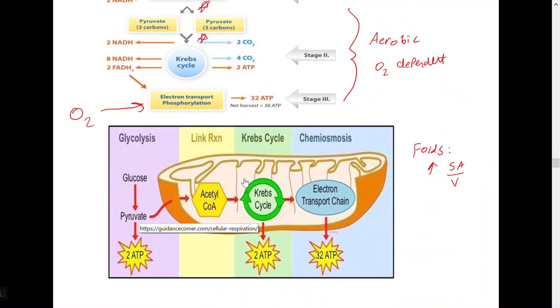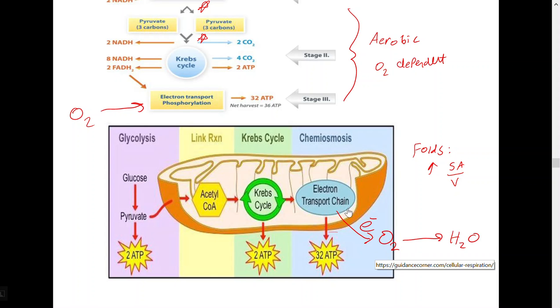The electrons start here, and then as they go into the mitochondria, they go through a whole process that ends up with the electrons in O2. The electrons get to O2, and that forms H2O. So what's really important is you have oxygen at the end.